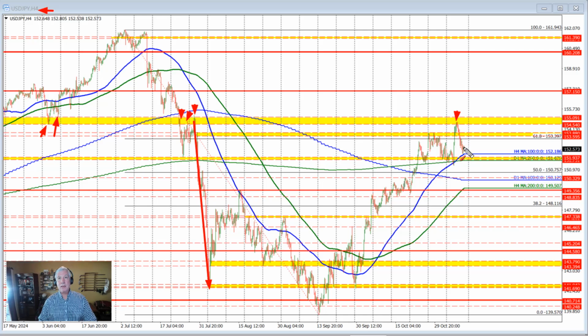Now, the move to the downside subsequently has seen the dollar lose ground, with the price moving to test the rising 100 bar moving average on the 4-hour chart, currently at 152.18. If you recall, earlier in the week we came down toward that level. Also this 200-day moving average, we actually moved below both those levels, reaching the low for the week.